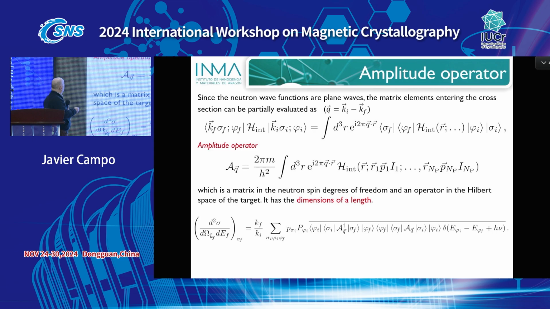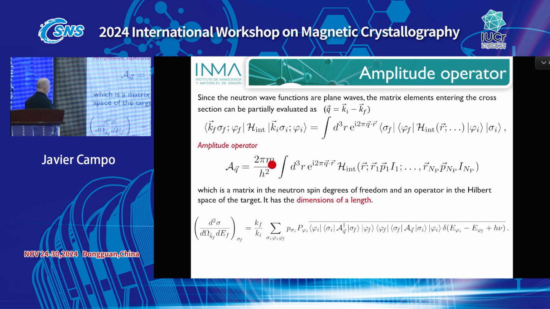And then, again, like I did yesterday, we can define the amplitude operator with this integral, in which I can extract the plane waves of the incident and final neutron. They appear here in this part, and all the other coordinates are in this Hamiltonian integral, and this defines the amplitude operator.